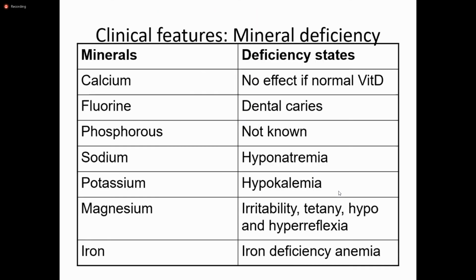Okay. So far, any questions? So regarding the clinical features of micronutrients or vitamins, I have discussed more of the clinical features. I have not gone into depth of their actions, what they are, why they are important in our health, their requirements.